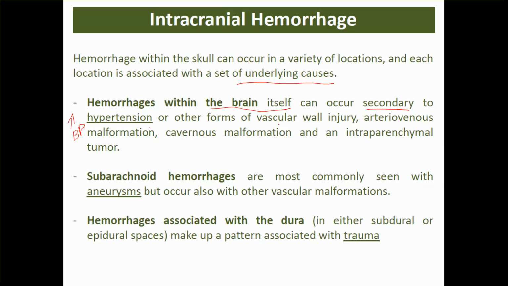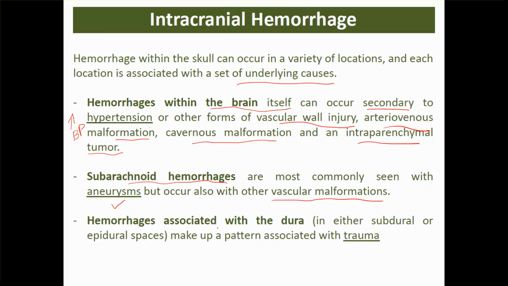Or other forms of vascular wall injury, arteriovenous malformation, then cavernous malformation, and an intraparenchymal tumor. Intraparenchymal tumor means tumor within the brain substance. Subarachnoid hemorrhages are most commonly seen with an aneurysm. So you usually can see subarachnoid hemorrhages with aneurysm, but it may also be due to other vascular malformations.